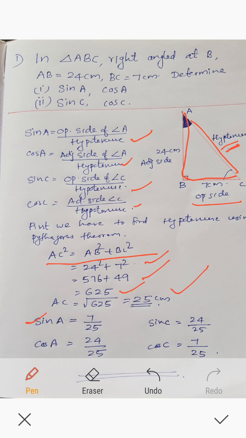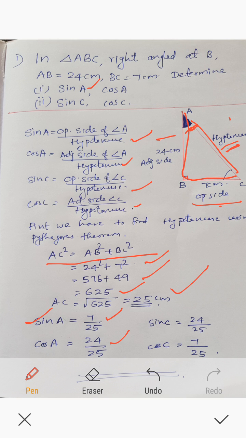Next we have to write the sine ratio. Sine of angle A is asked here. Sine of angle A means opposite side of angle A divided by hypotenuse, that is 7 by 25. Then cos of angle A, adjacent side of angle A divided by hypotenuse, that is 24 by 25.